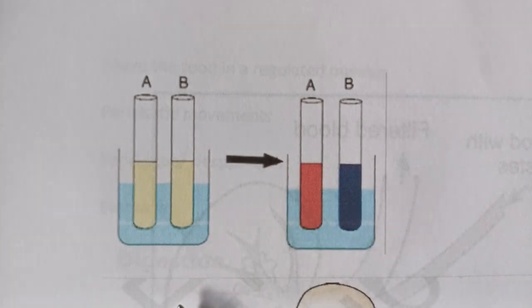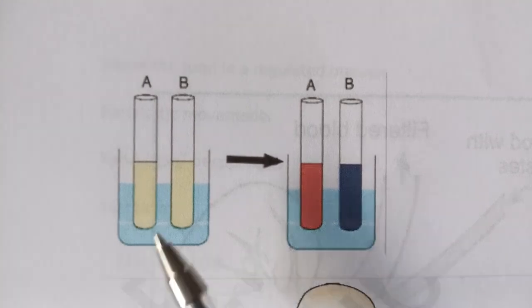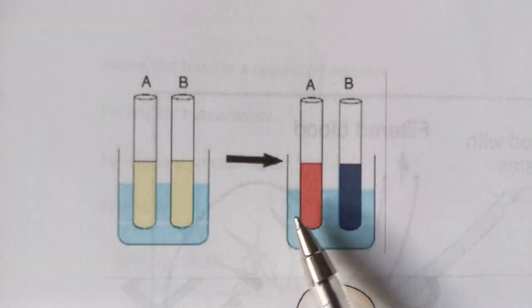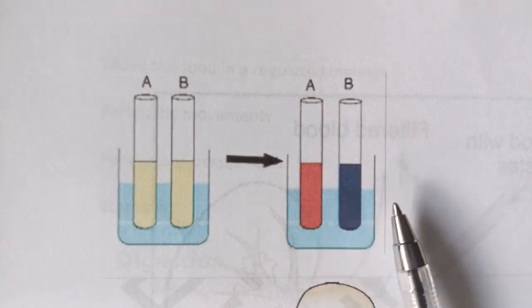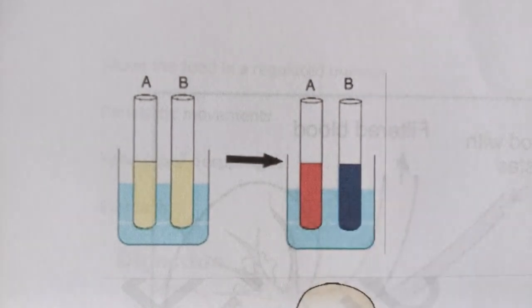The answer is that saliva has chemical substances that are biological catalysts, enzymes. They break down the starch, and there's no more starch left here. That's why this has turned red, and where the starch is present, test tube B has turned blue.